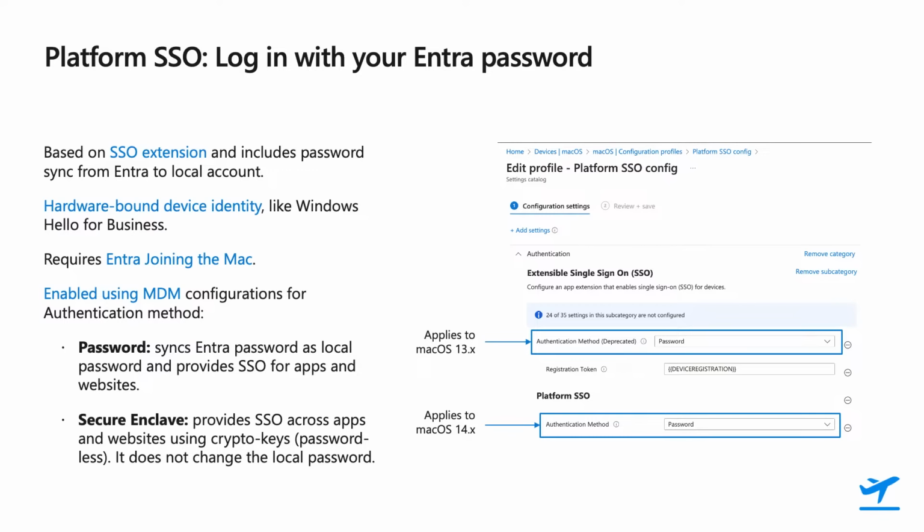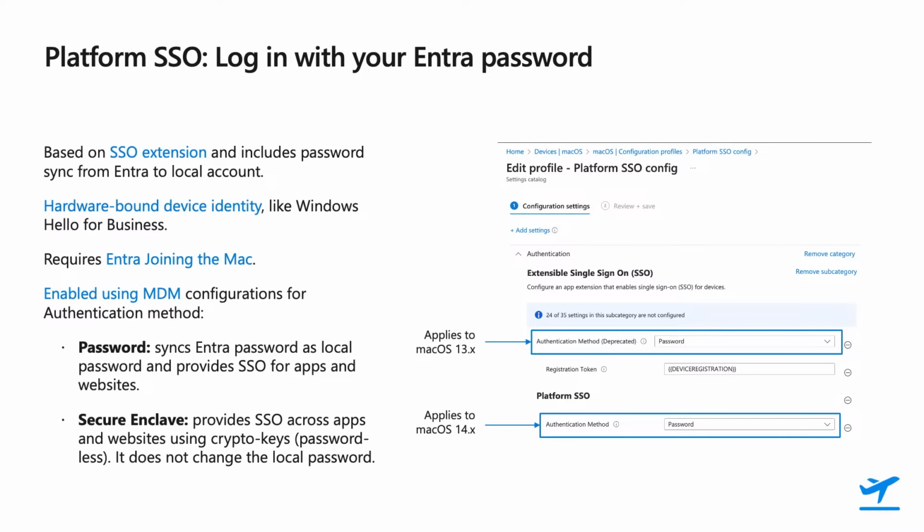Password sync is absolutely fantastic and allows your end users to synchronize their Entra ID passwords to their local Mac passwords. So no more of those calls to support to have their local Mac passwords reset.